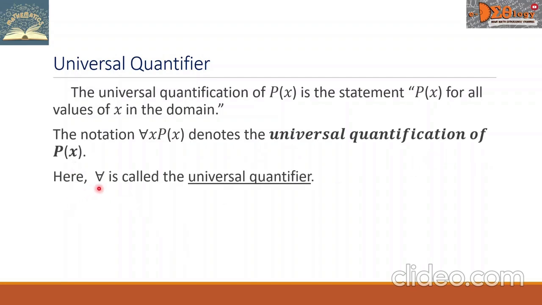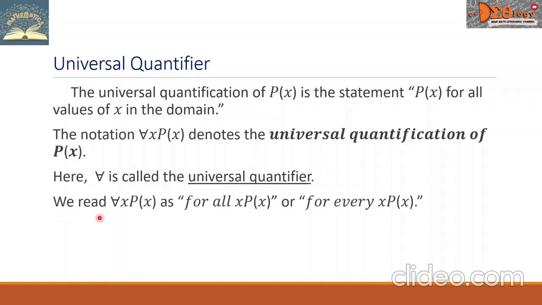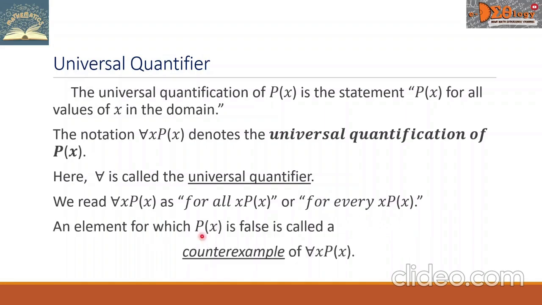Here, this inverted A is called the universal quantifier. We read inverted A x p of x as for all x p of x, or for every x p of x. An element for which p of x is false is called a counterexample of for every x p of x.